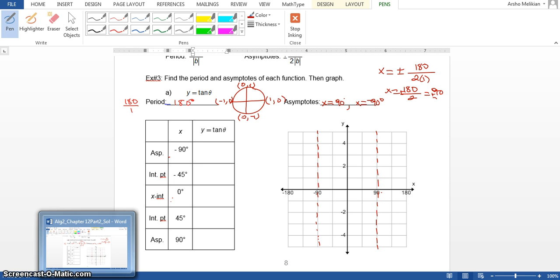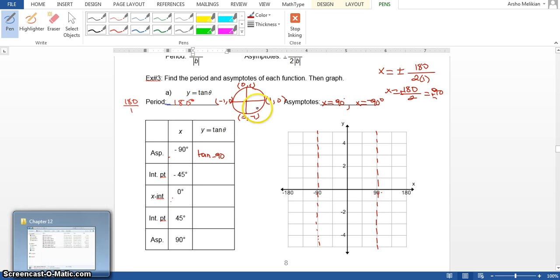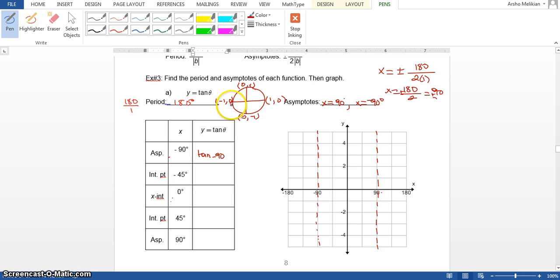All right, so let's see what's going to happen here. Tangent of negative 90, okay? Negative 90 degrees is here. Tangent is y over x. Negative 1 over 0 gives you what? Undefined. And sure enough, it's undefined because there is an asymptote there.